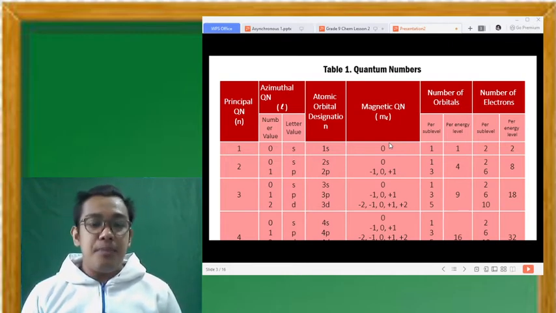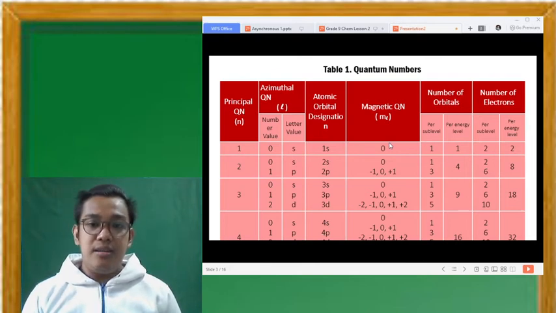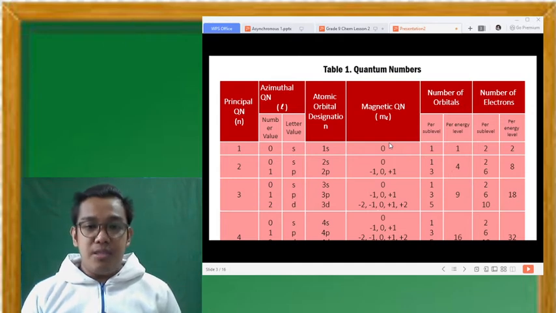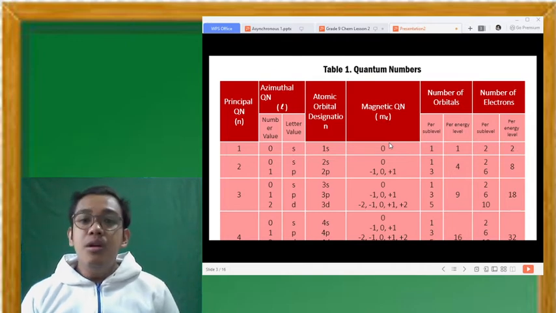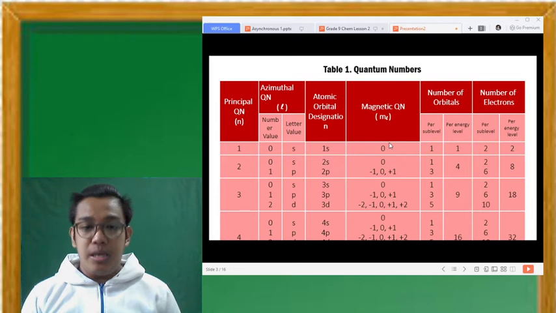We have the principal quantum number n, which is the row written on the periodic table. In our table of elements, we have 1s, 2s, 3s, and so on. It depends on the number of electrons of the elements.